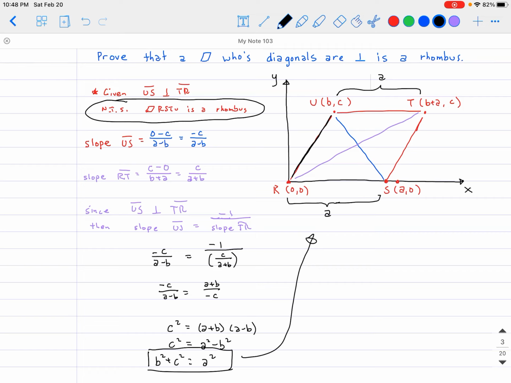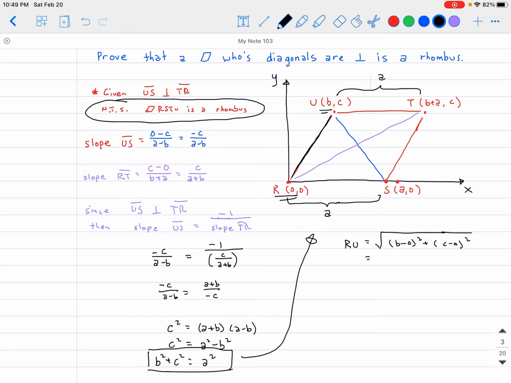Well, we are trying to find a distance from R to U, so we can use the distance formula. RU is equal to the square root of B squared plus C squared, because it's the change in the X value squared plus the change in the Y value squared. If you want, we can write it all out just so you can see it. So B minus 0 squared, and then plus C minus 0 squared.